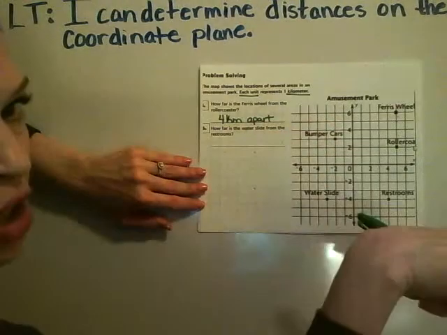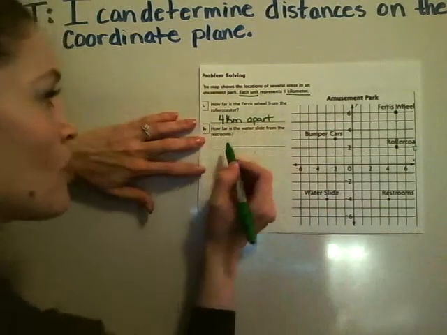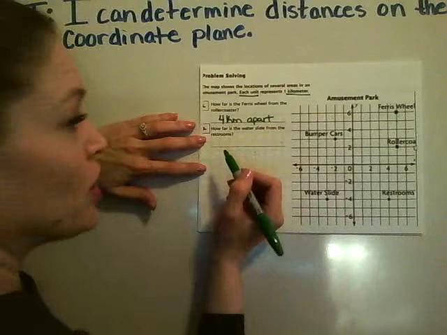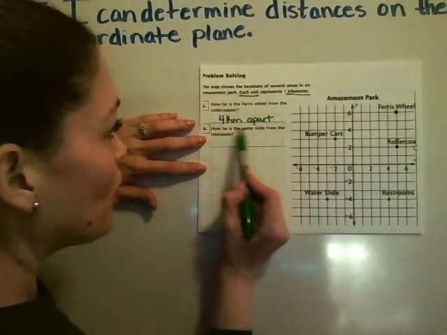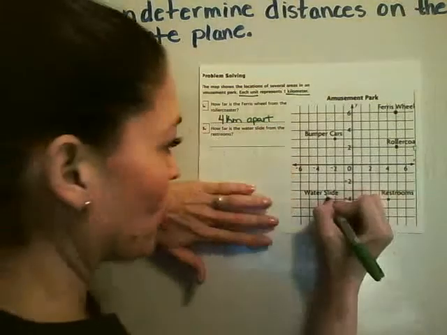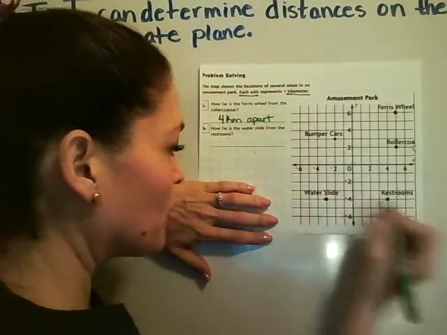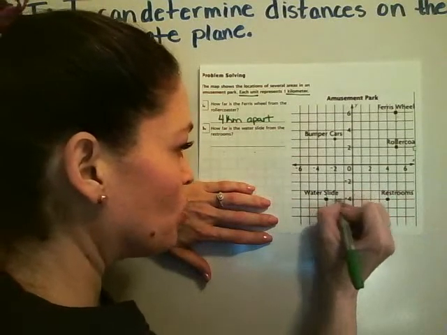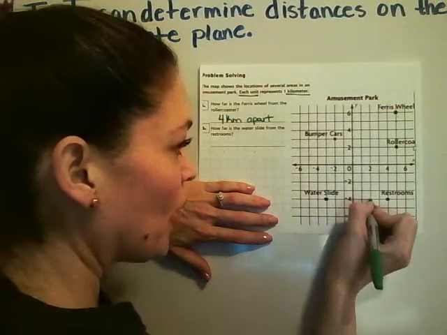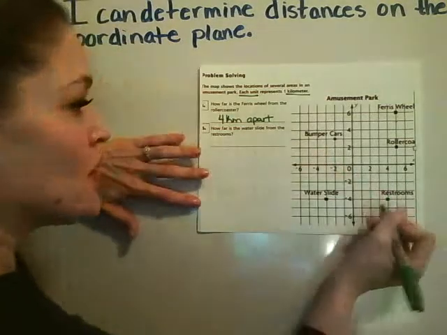Pause me, and then check back in. All right, let's see how you did. How far is the water slide from the restrooms? So water slide is over here. Restrooms over here. Counting the distance. That's 1, 2, 3, 4, 5, 6, 7. 7 units.